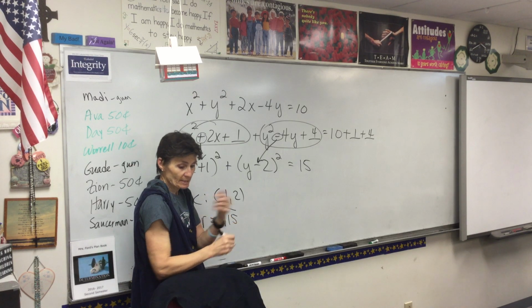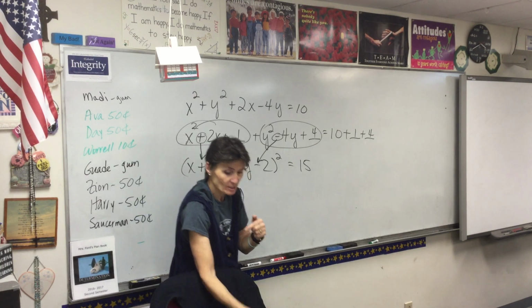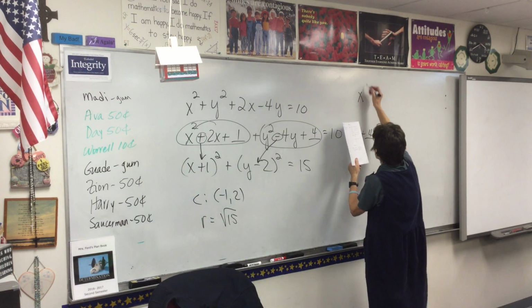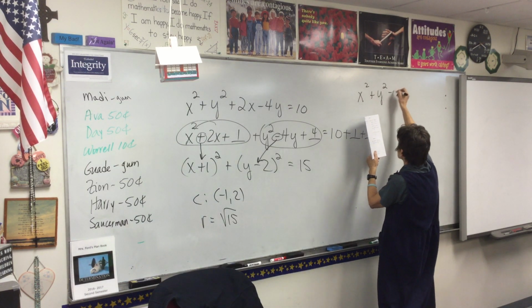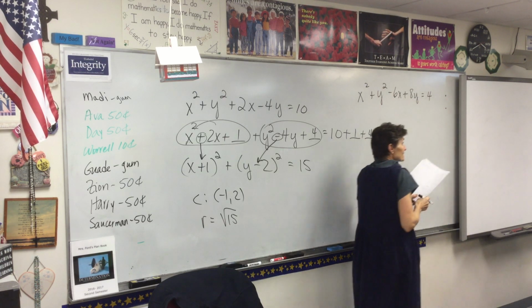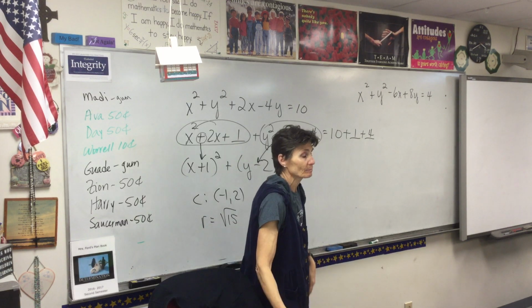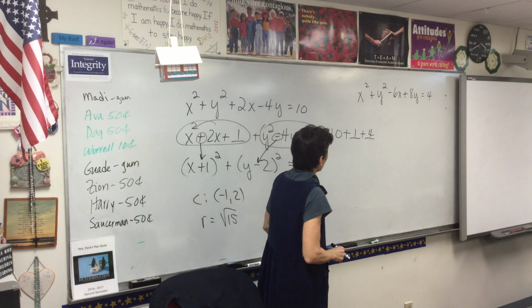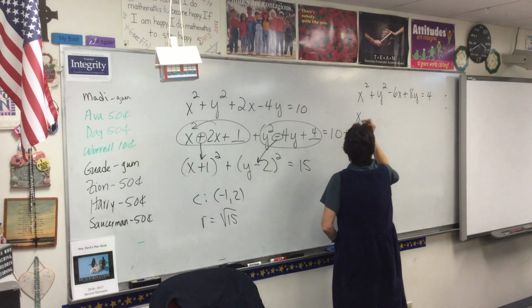All right. Now let's go down to the second practice quiz and let's do that circle while we're in the groove. So the circle in the second quiz is this. So we're going to do exactly the same thing. Right? Jordan, what are we going to do first? Separate x and y's. Yep, we're going to separate the x's and the y's.